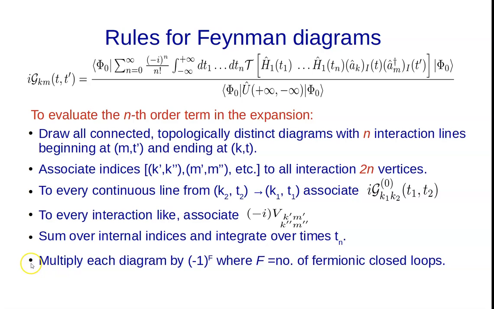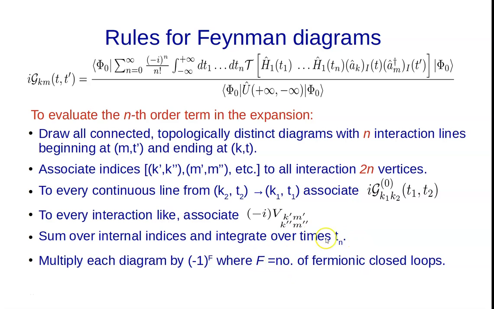So that's a very important step: whenever you have a closed loop like those that we saw in the diagrams, that means that the pairing is such that it will give you a minus sign contribution when you're pairing that line.